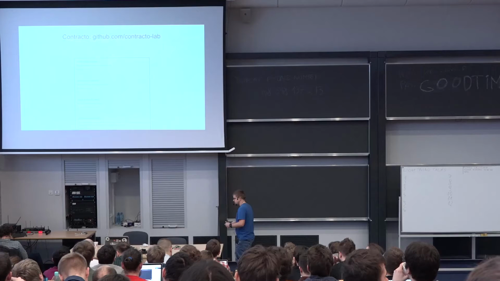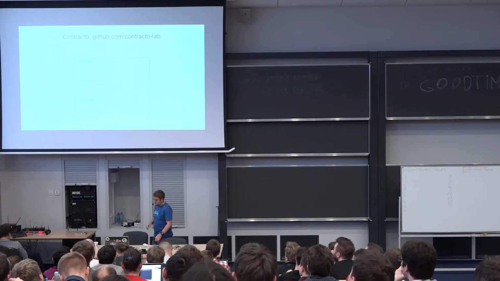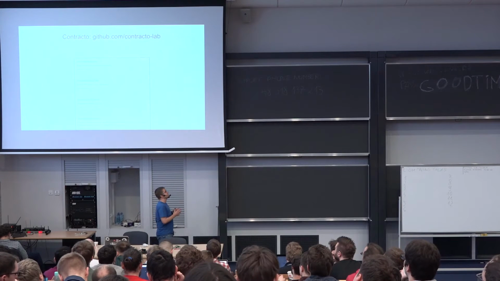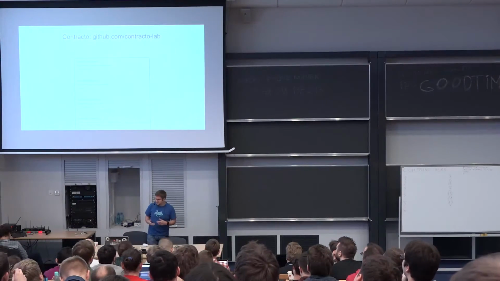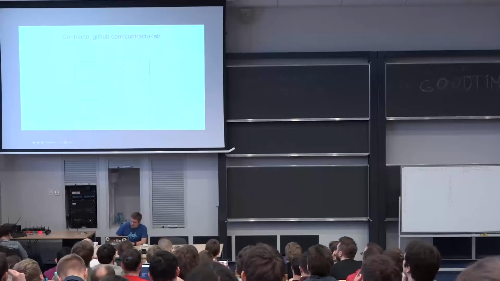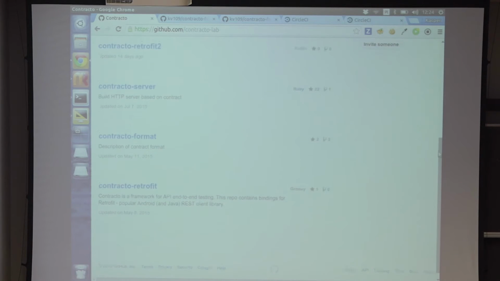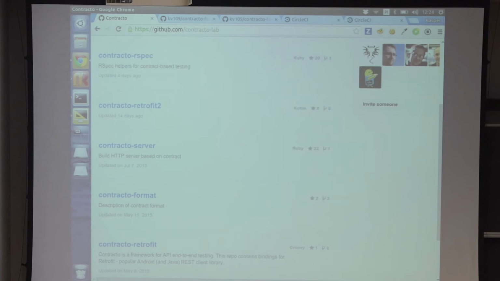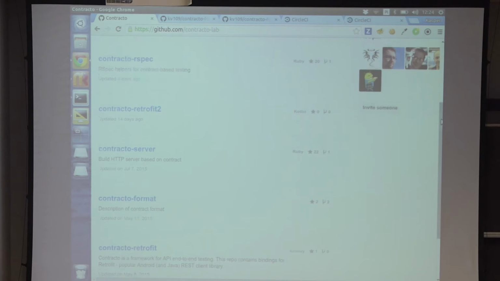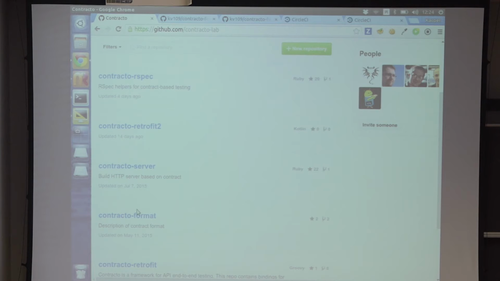So let's try this. Let's see how the CDC pattern can be used in real life. I will demo how it works. Okay, so this is the Contracto organization. There are many repositories, but we are interested in Contracto server and Contracto format. And Contracto server is a gem that can turn documentation written in this Contracto format into a server.